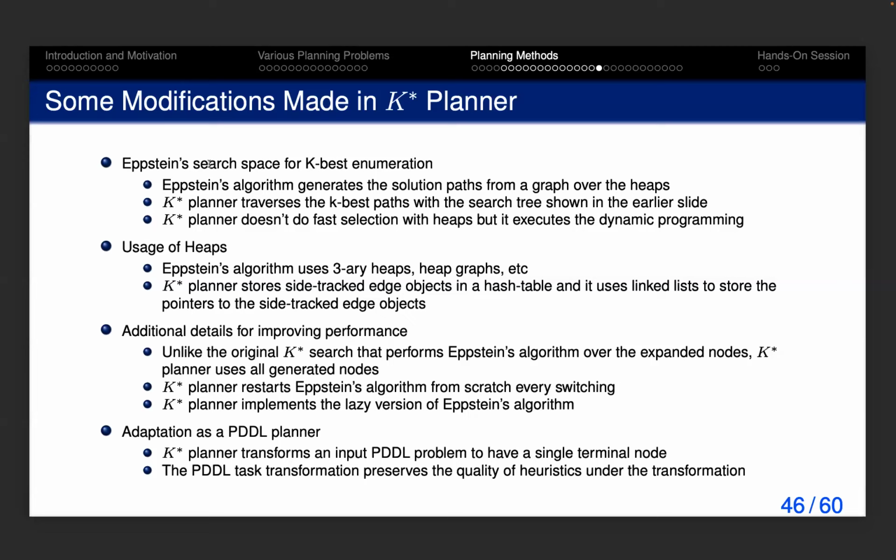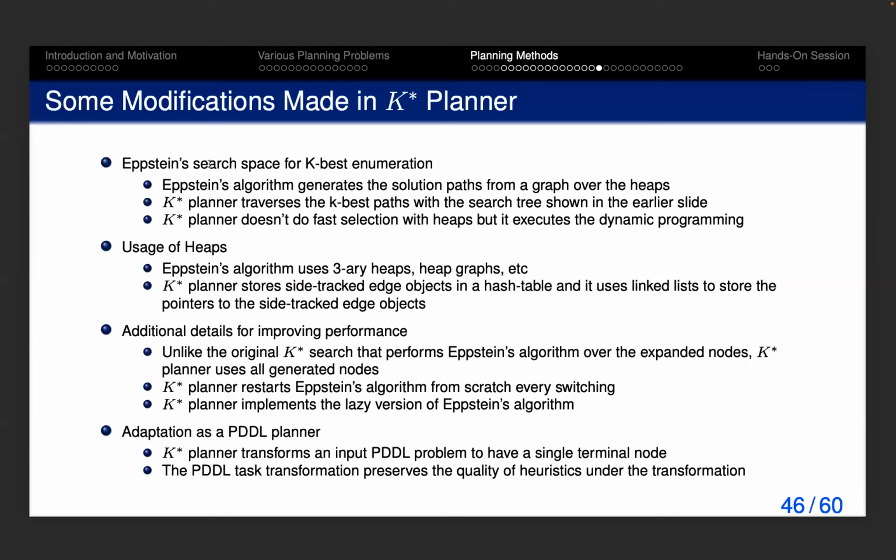And then for the adaptation of the PDDL planner, K-star has to have one single start node and one terminal node, so the PDDL problem has to be transformed in that way to have one single terminal node. Another important thing is heuristic quality: rather than computing the heuristic on the transformed problem, just compute the heuristic on the original problem and then transfer that number back to the transformed problem. This performs much better than naively creating a heuristic from the transformed problem.